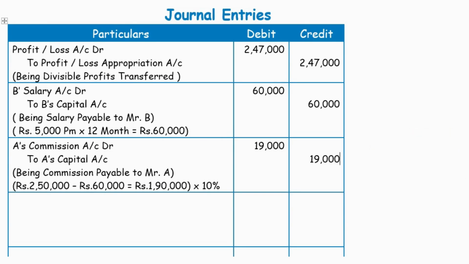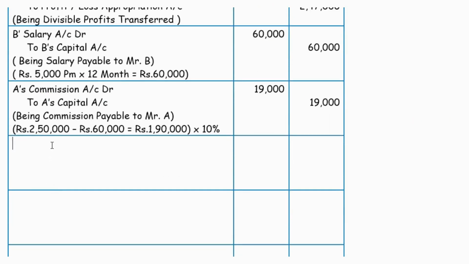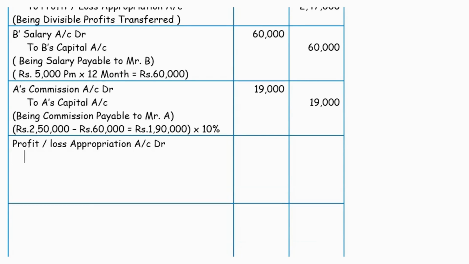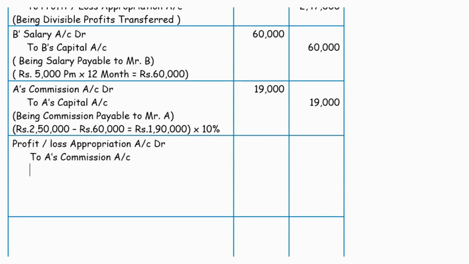So these two components are expenses for the firm, and they are distributed to the partners through the profit or loss appropriation account. So profit or loss appropriation account debit to A's commission account, and to Mr. B's salary account.